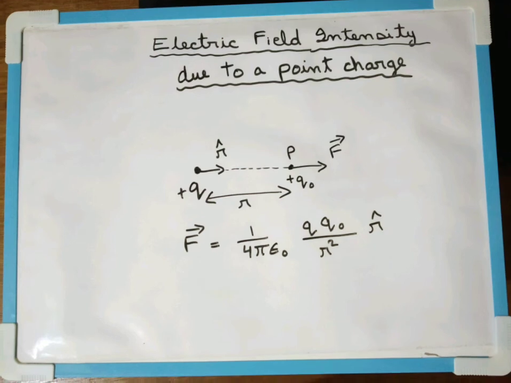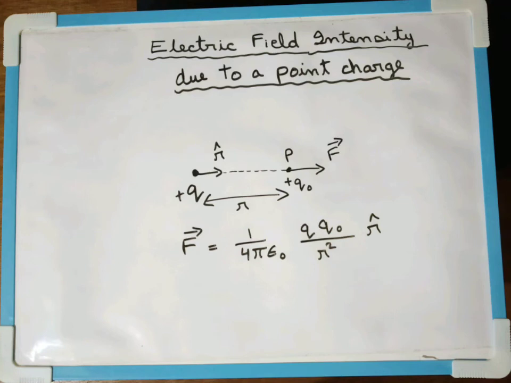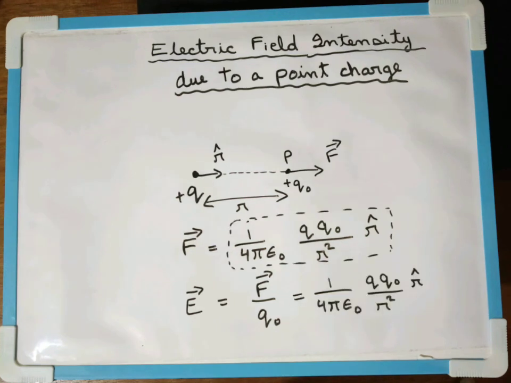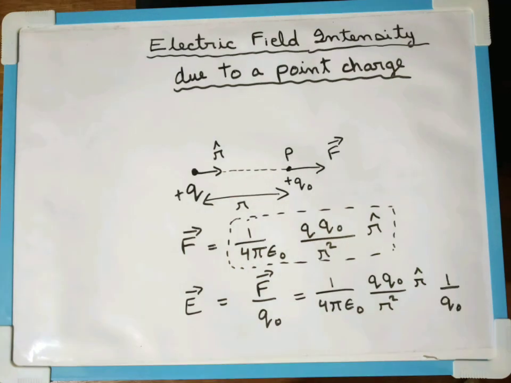So according to the definition of electric field intensity, how do we define it? Electric field intensity is defined as E is equal to F divided by q naught. Now if we put the expression for F in this equation, then we have E equal to 1 by 4 pi epsilon naught, q naught by r square, r cap, divided by q naught.